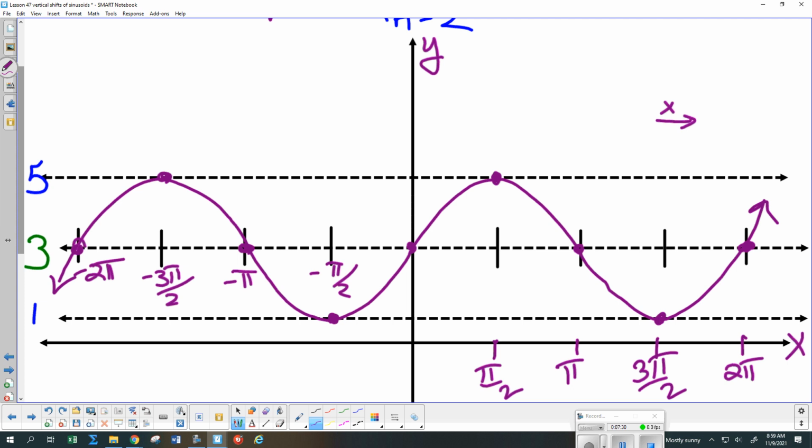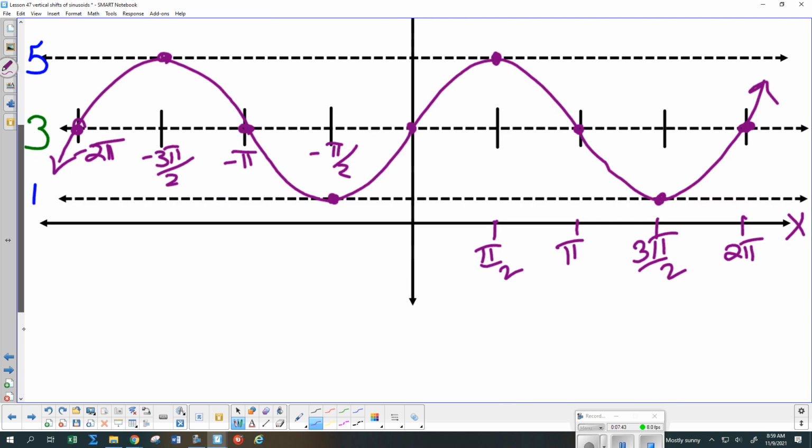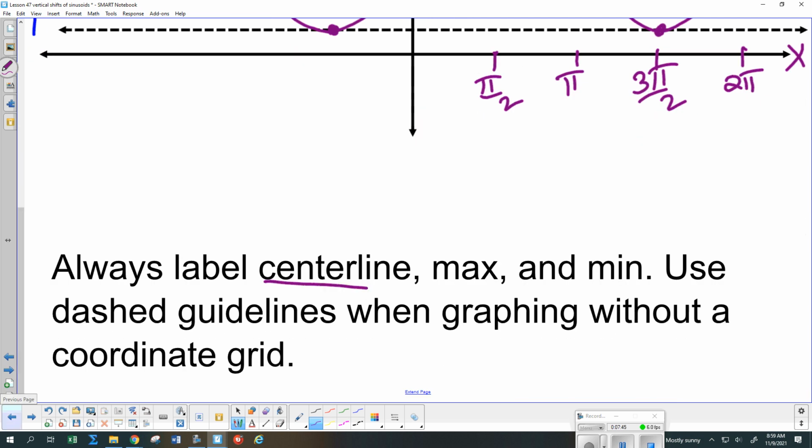And so when I double check, I've got my curve, I've got the arrows on both ends, I've labeled both axes, and I've labeled numbers for the center, max, and min. Does that make sense for everybody? And that's what you always need to label on there: your center line, your max, your min. Those are with numbers.